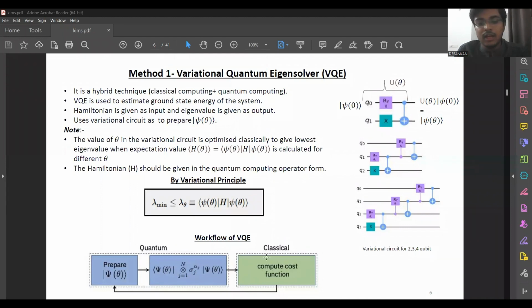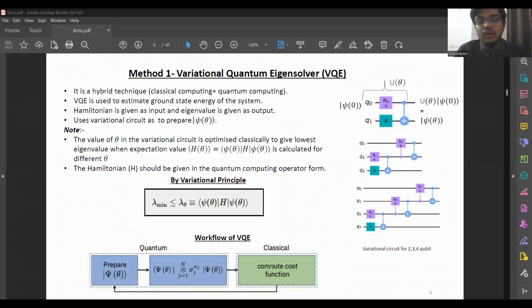Now what the classical computer or optimizer does is, it changes the value of theta, or it optimizes the value of theta in a direction such that we reach a minimum value of the expectation value of the Hamiltonian. That is our ground state energy. Say we start with a value of theta 1. For theta 1, the expectation value is calculated and we find the value.